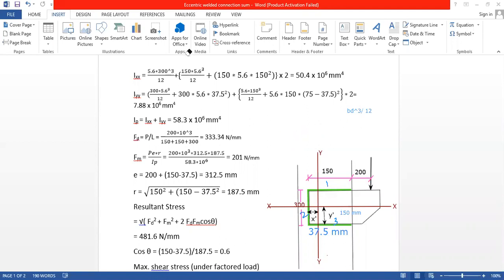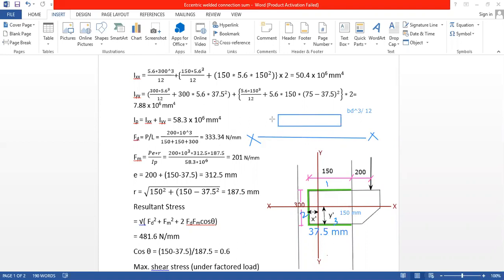Suppose I have a rectangular member here, and suppose this is my x axis, and my rectangular member is located at a certain distance from this axis.